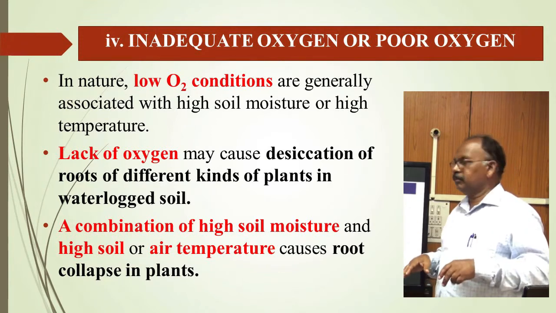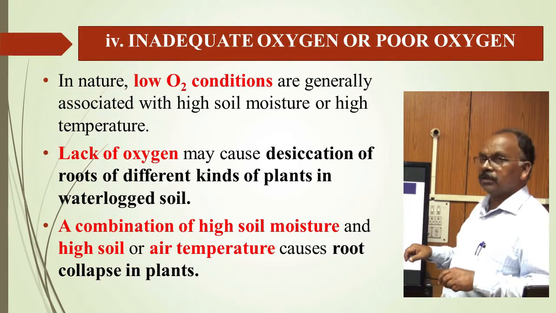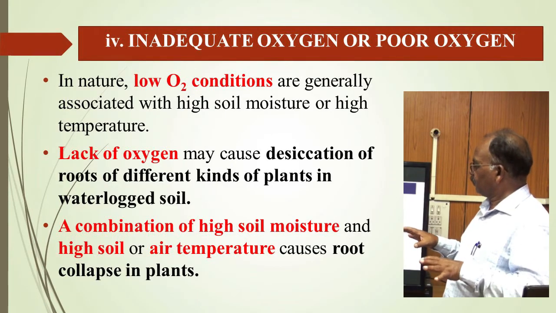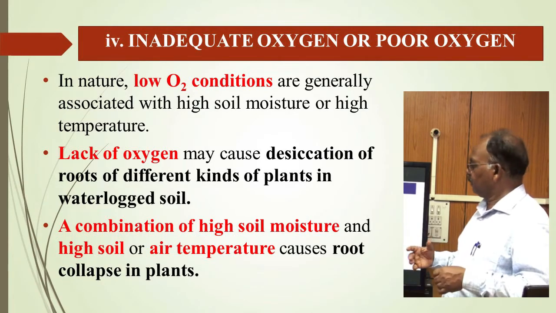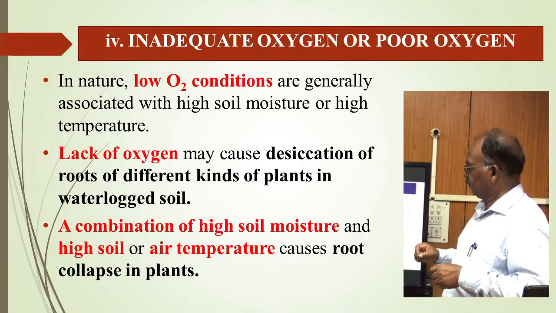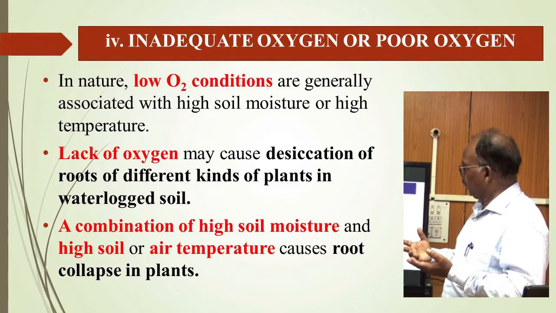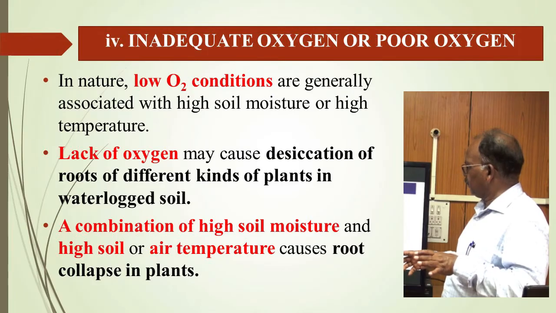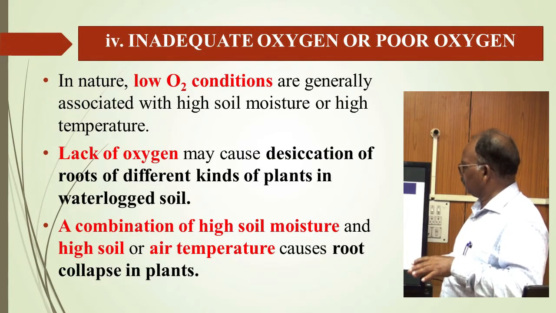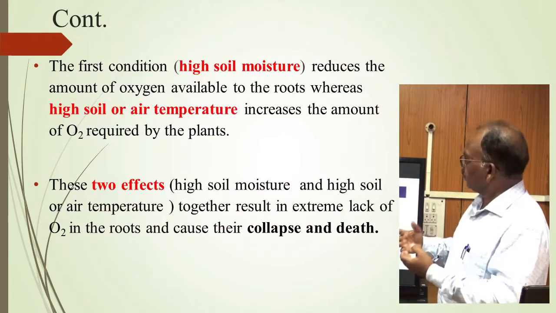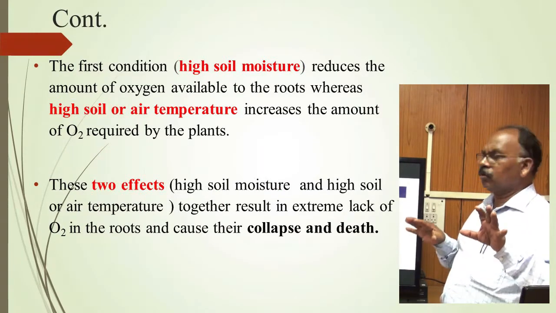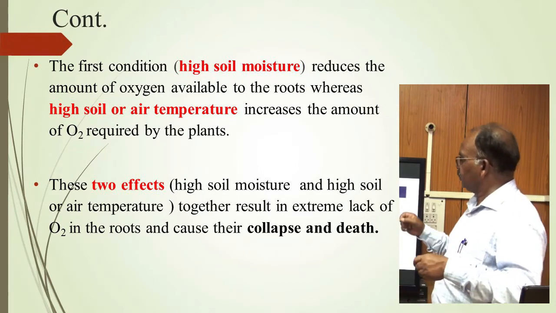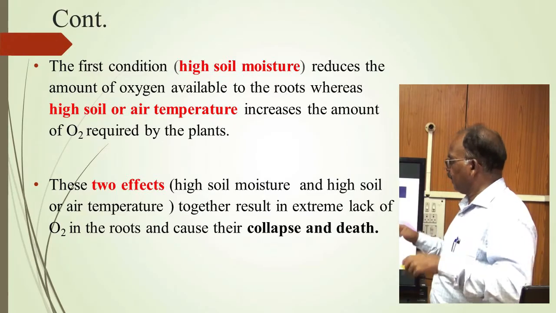Lack of oxygen may cause desiccation of roots in different kinds of plants in waterlogged condition. A combination of high soil moisture and high soil or air temperature causes root collapse in plants. The first condition, high soil moisture, reduces the amount of oxygen available to the roots, whereas high soil or air temperature increases the amount of oxygen required by the plants.